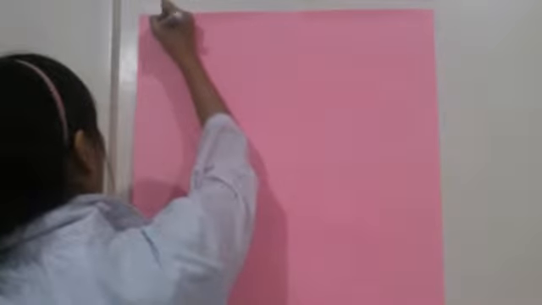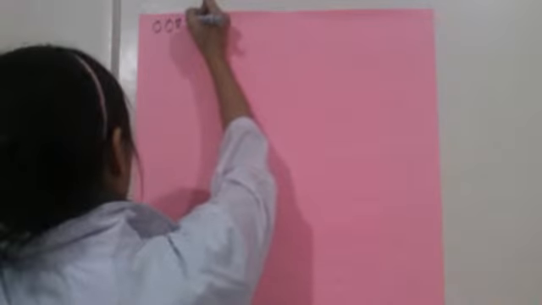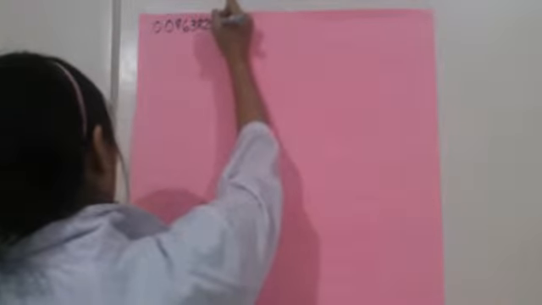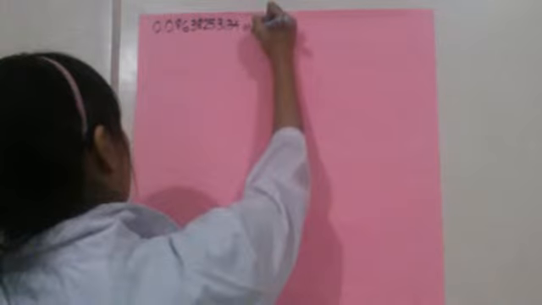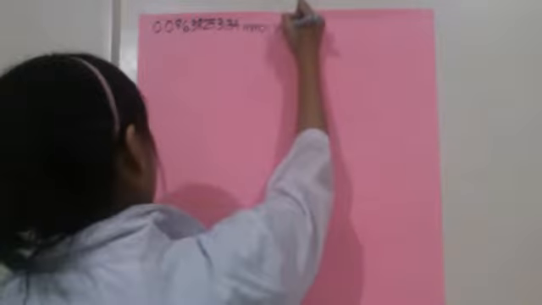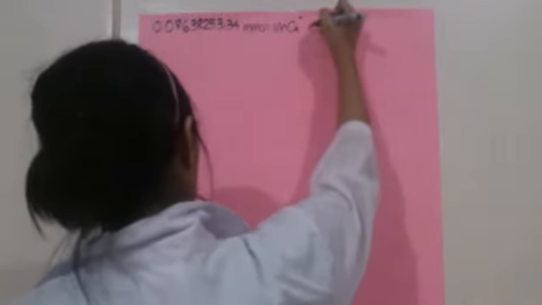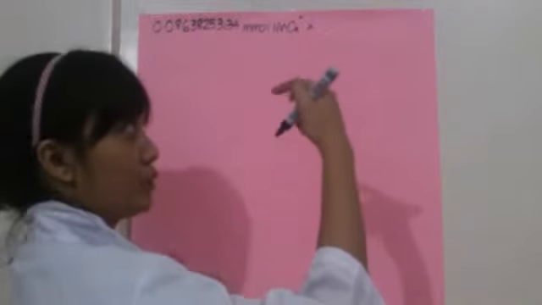And now, having the ratio of the 3 compounds, we can now get the mass of the Fe2O3.